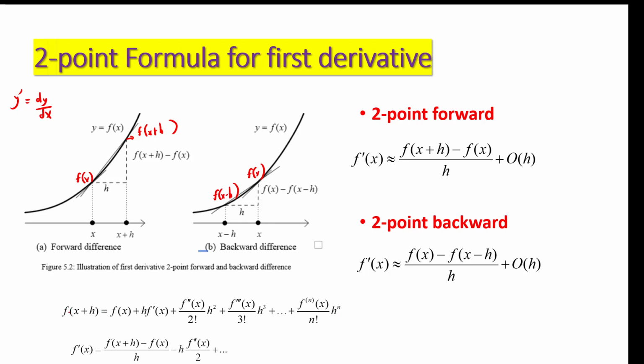This is the Taylor series expansion for f(x plus h), which is equal to f(x) plus h f prime(x) plus f double prime(x) divided by 2 factorial, multiplied by h squared, plus the third derivative divided by 3 factorial times h cubed, up to the nth derivative divided by n factorial multiplied by h to the power n.